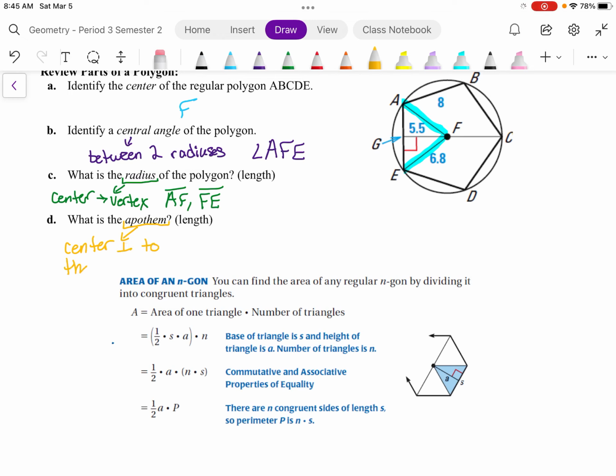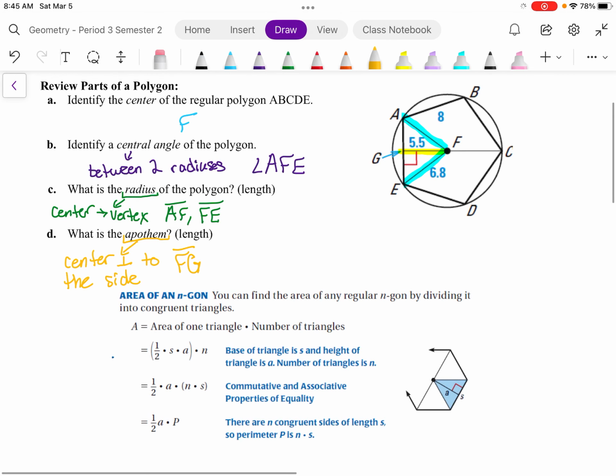So perpendicular to the side. So in this one, an example of apothem could be FG. And if we were to find the lengths of a radius, all of the radiuses are congruent to each other. So the radius over here is 6.8, so that's going to be the length of this radius. And the length of the apothem is 5.5.